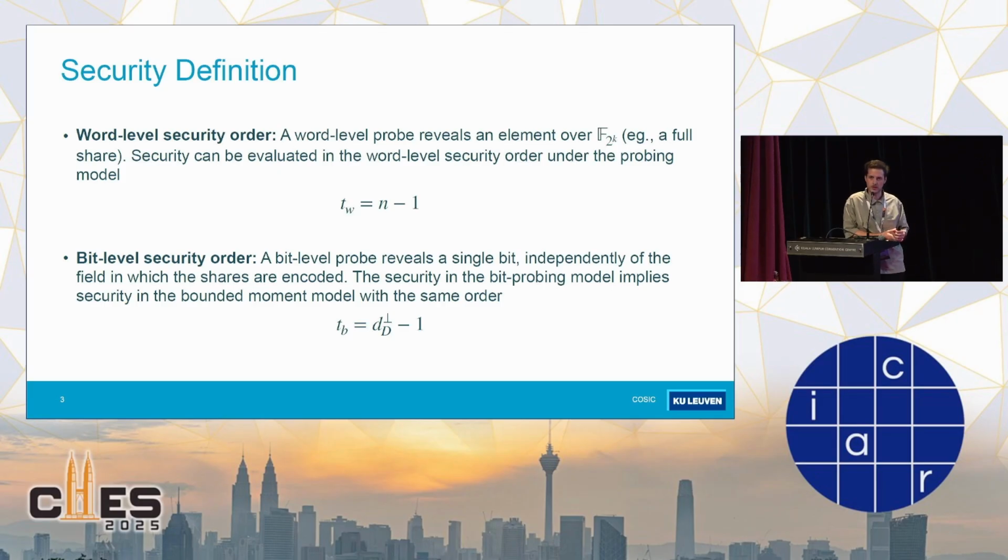In bit level security, we allow a probe to reveal a single bit. This has been connected to the dual distance of the code D minus 1. Security in the bit probing model implies security in the bounded moment model with the same order, and this is typically what you evaluate during TVLA. Obviously, the word level security cannot be higher than the bit level security.